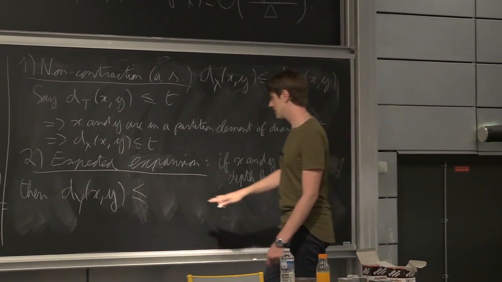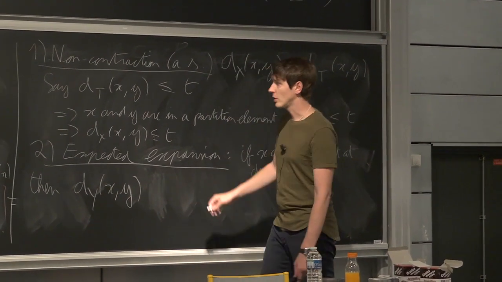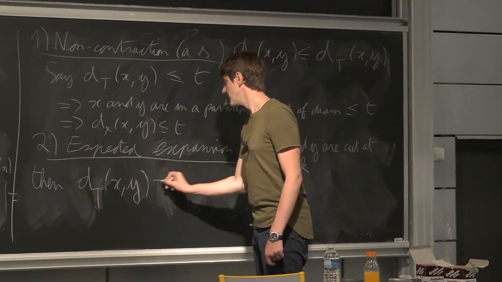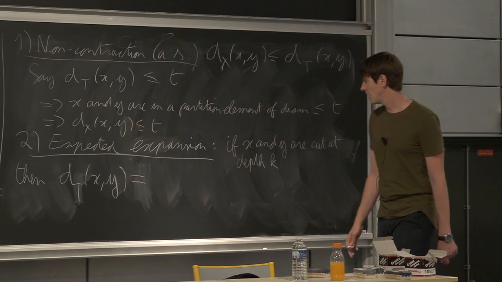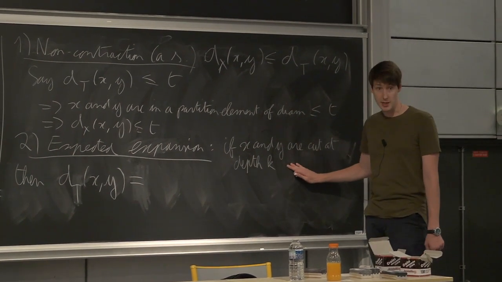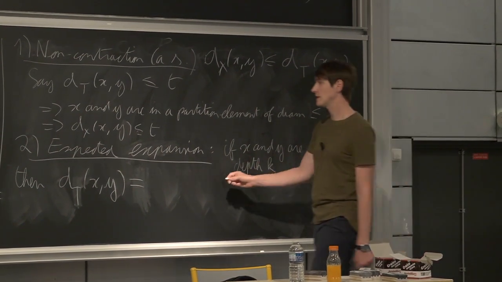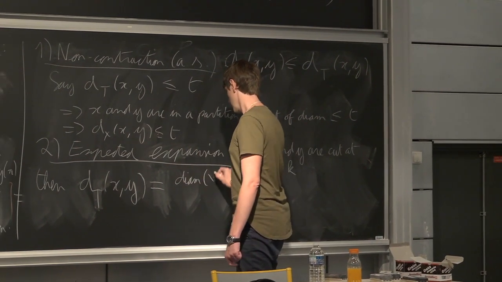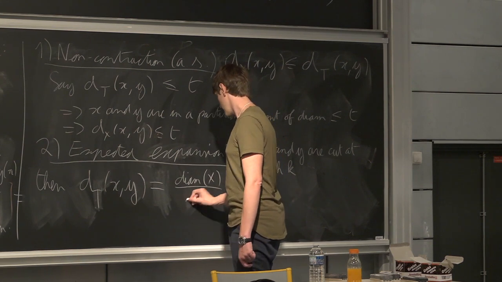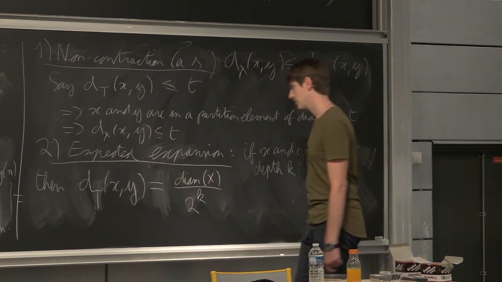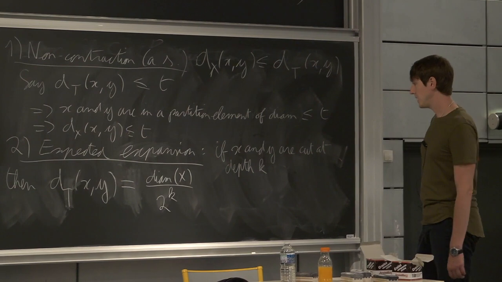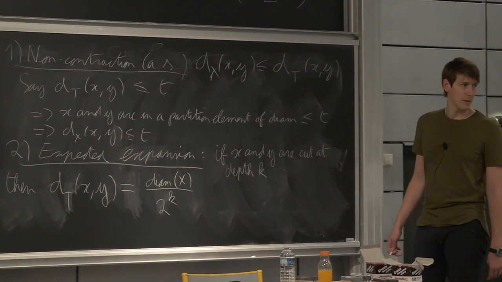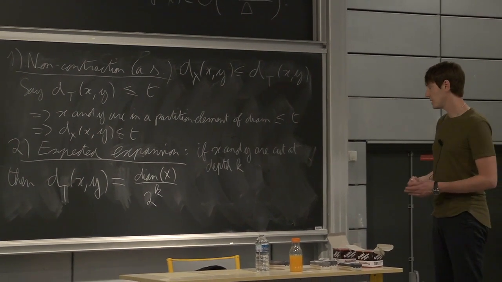Sorry, y is a tree. So I want to say if this is the first level at which they are cut, then the distance is in fact equal to the diameter of x divided by 2 to the k. Yeah, it is bigger. I agree with you. That's the problem that I have right now.